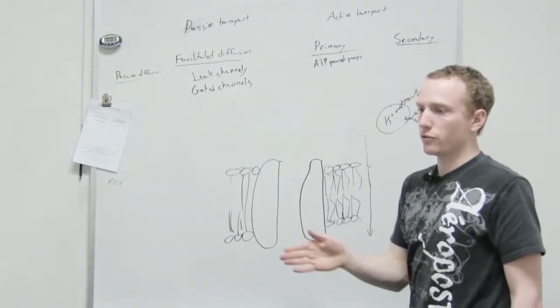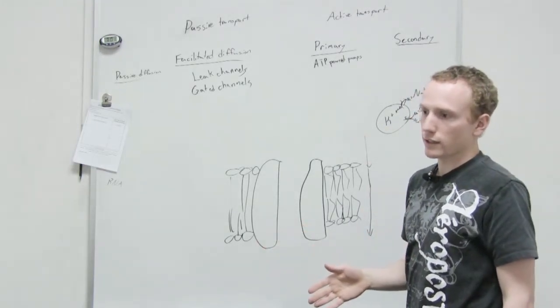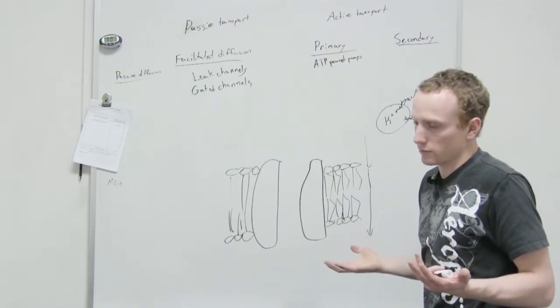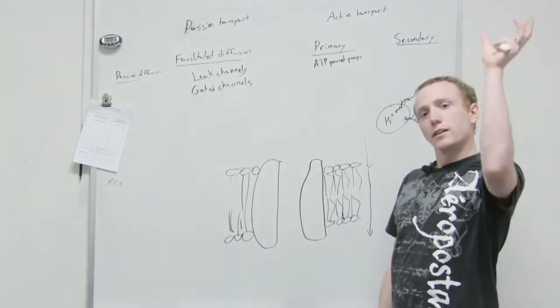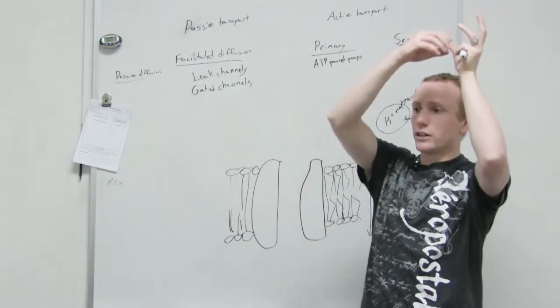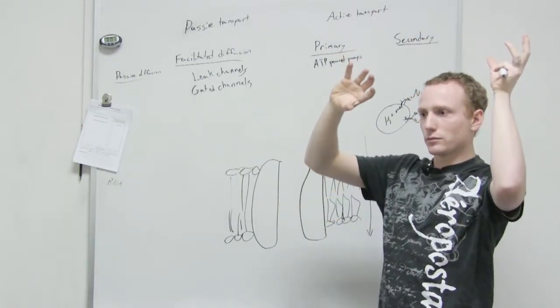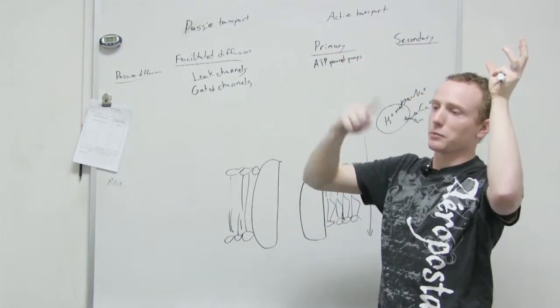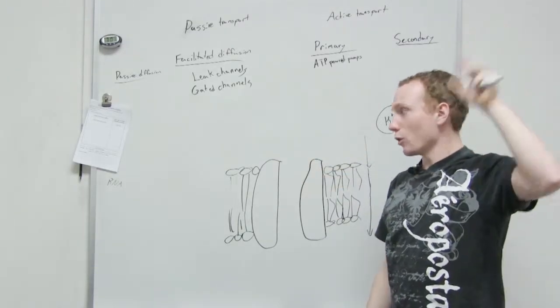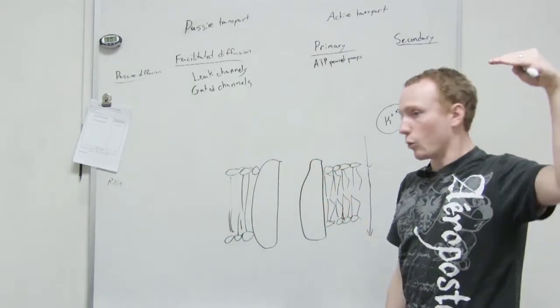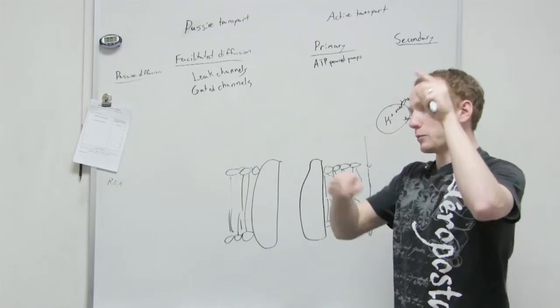Because being able to diffuse down its concentration gradient, it's releasing energy, you know? Kind of like water. Here's a stream, and here's a water wheel, one of those things that's spun by the water. So it's using the energy from the water flowing down the hill to spin it.